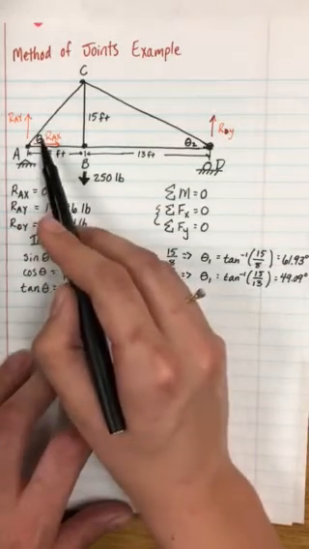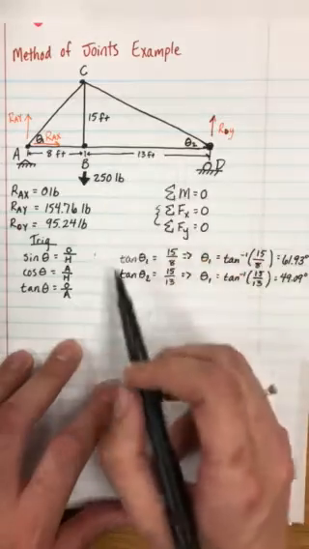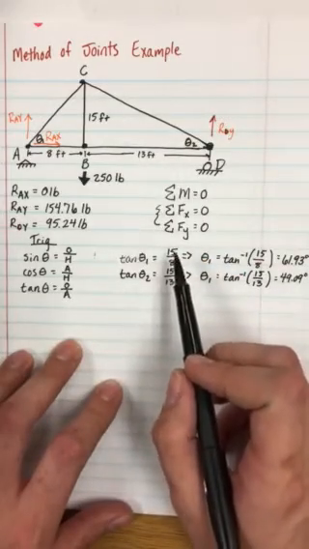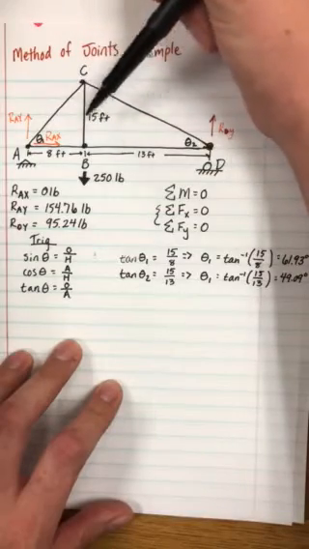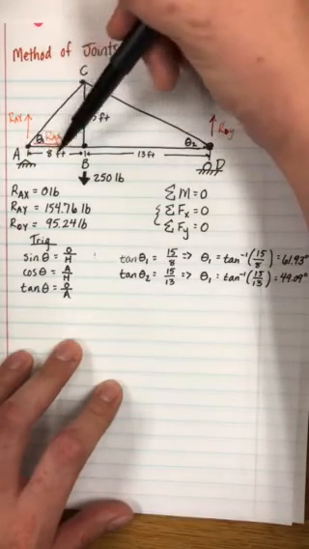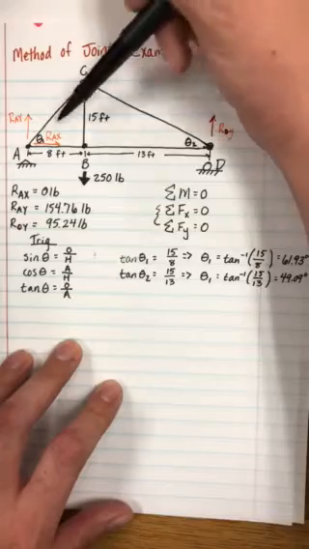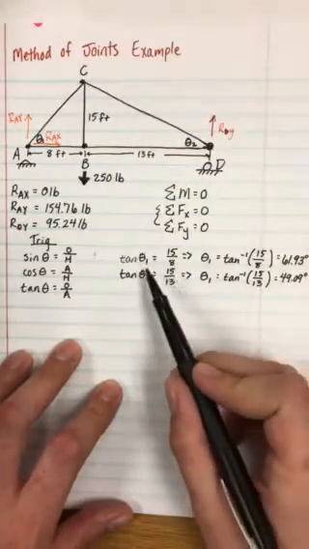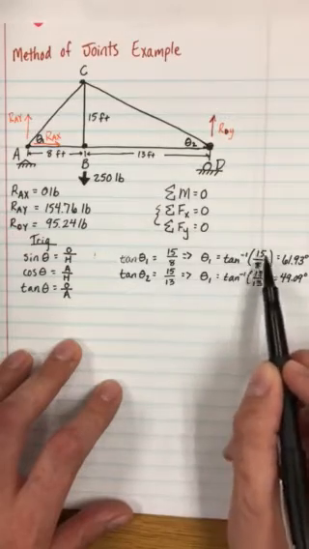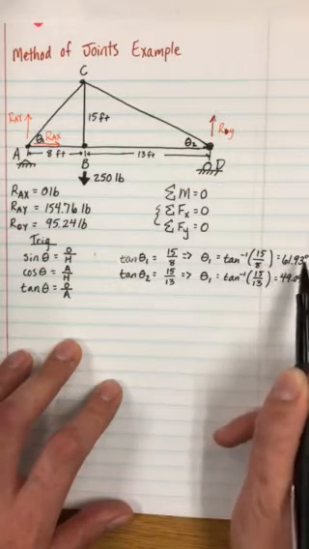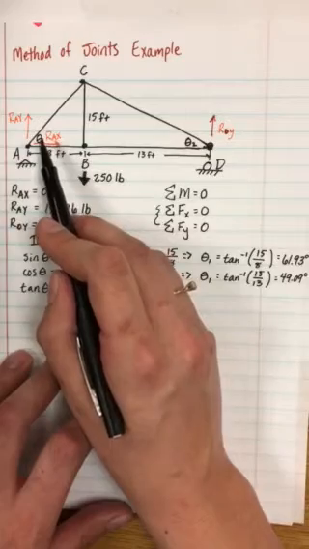So for calculating theta 1 and theta 2, I can acknowledge the adjacent and the opposite sides here. Notice for theta 1, my opposite side is 15 feet. My adjacent side is 8 feet when I'm considering this right triangle. And so when I'm calculating theta 1, I remember, use inverse tangent. When I type this in, I get 61.93 degrees, being the measure for angle 1.